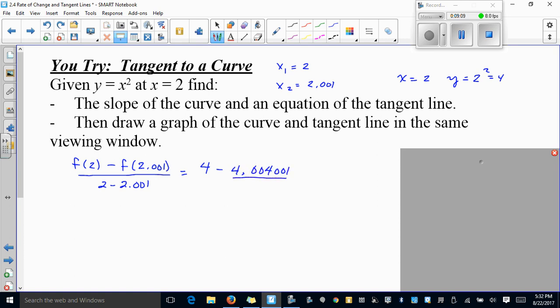Subtract this and we get negative, oops, by the way, that should be negative 0.004001 over -0.001, which gives me a value of 4.001, or 4. There's my slope. So we do y minus 4 equals my slope, 4 times x minus my x value of 2.